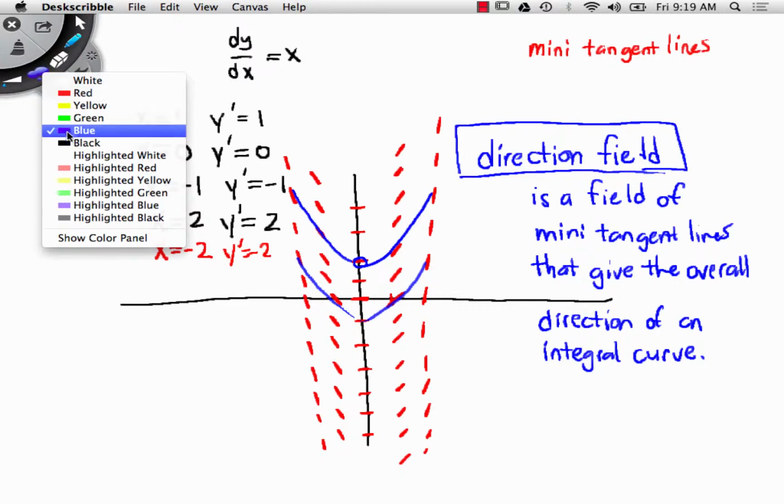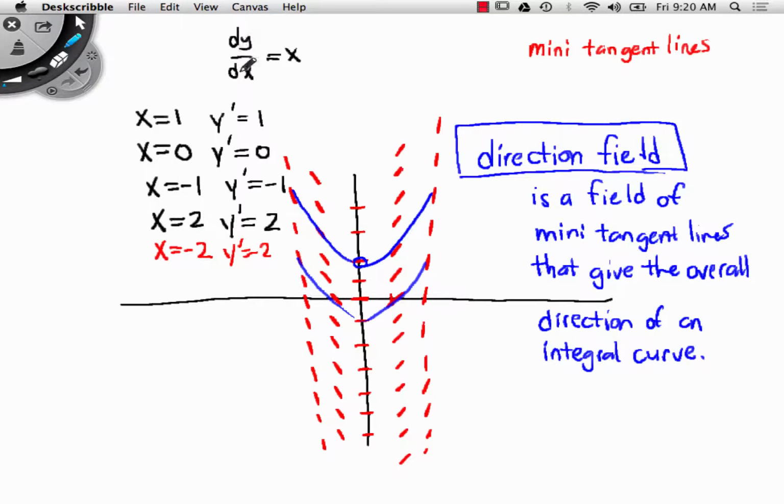Now, let's just go back to what you already know about dy dx equals x. If you anti-differentiate both sides, what are you going to get here? y equals 1 over 2 x squared, right?